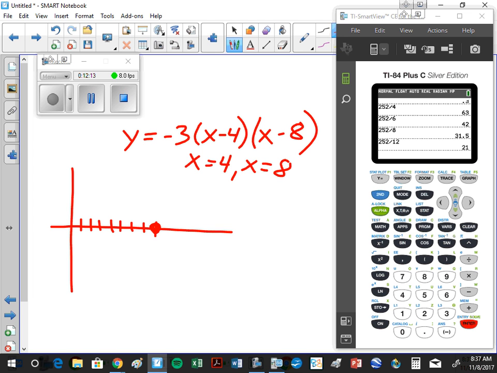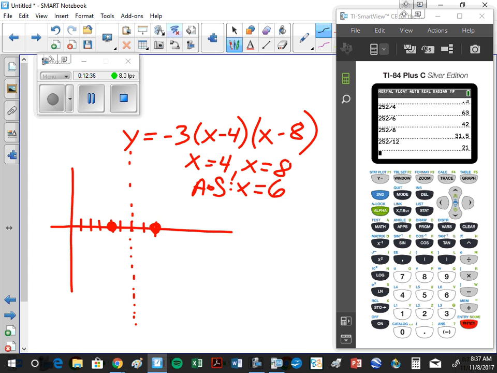So it hits here and it hits here. Now I need to find the halfway point. What is halfway between 4 and 8? 6. The axis of symmetry is x equals 6, right here.